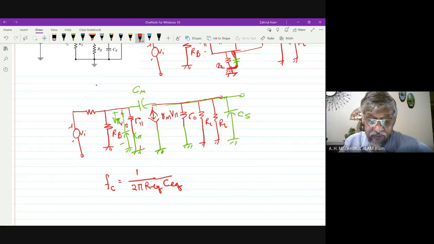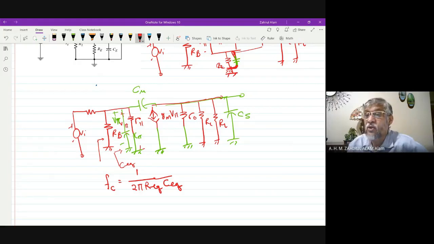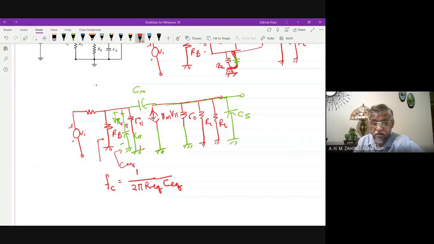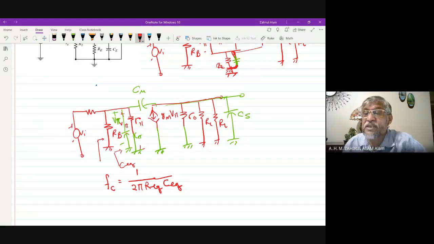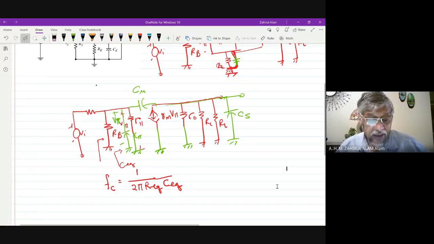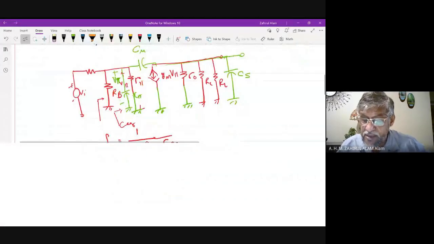We can find the equivalent resistance, but it is very difficult to find the equivalent capacitance from this whole circuit. Therefore, we need to simplify this circuit.